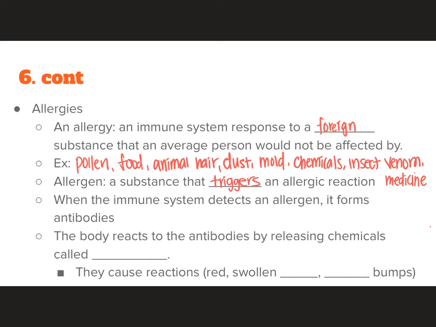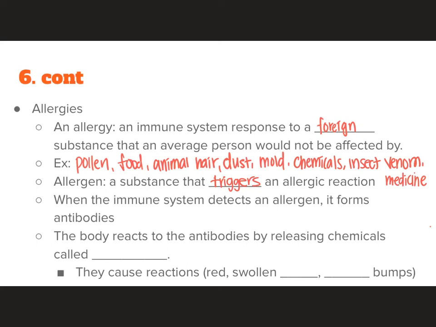So for a person with food allergies or dust allergies, those specific foods or dust can be their allergen, which triggers their allergic reaction. Now, why do we have these reactions when we have those allergens? When the immune system detects an allergen, it forms antibodies. We have talked about antibodies like different markers.